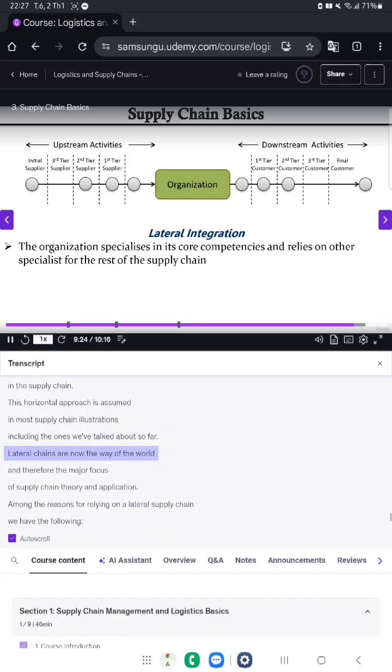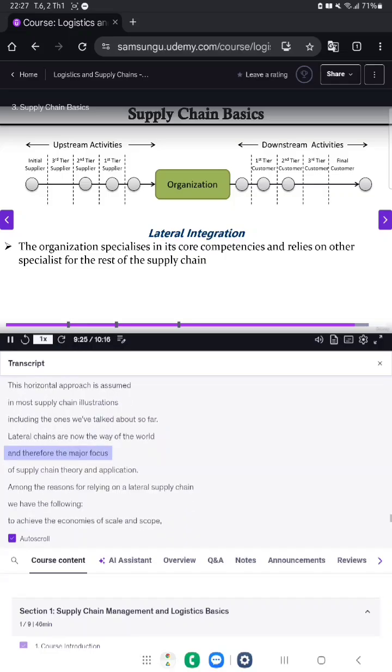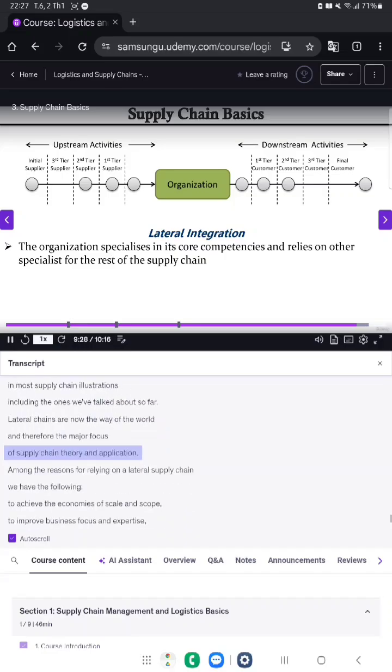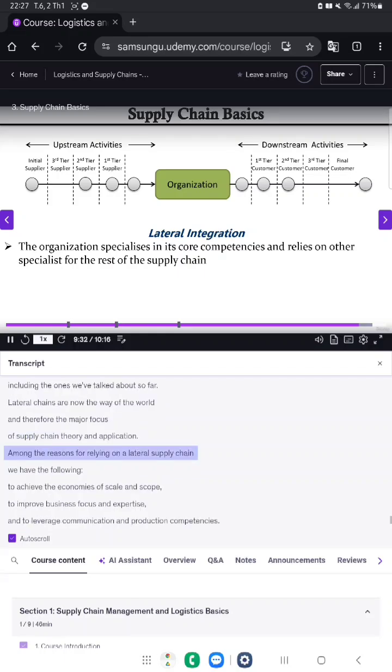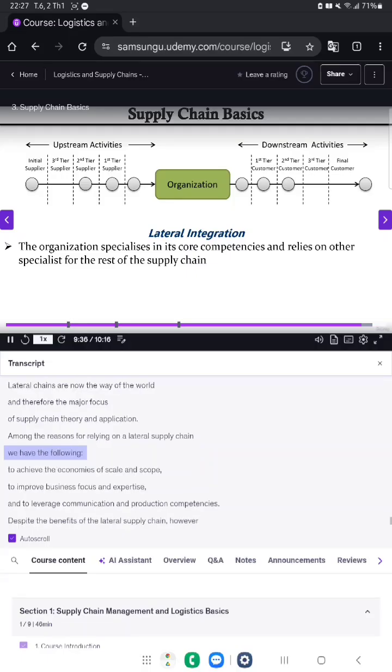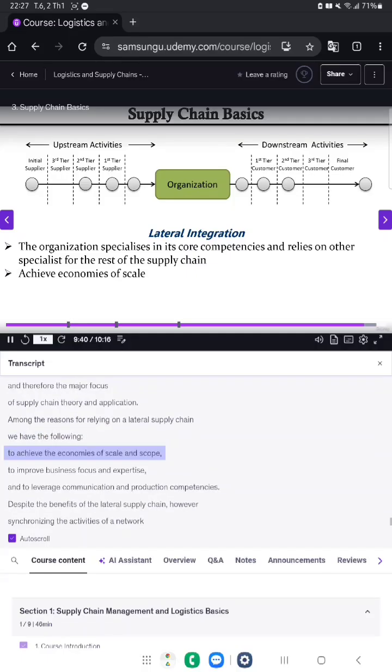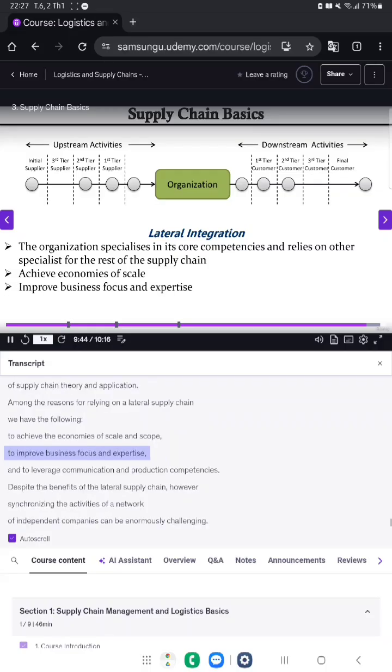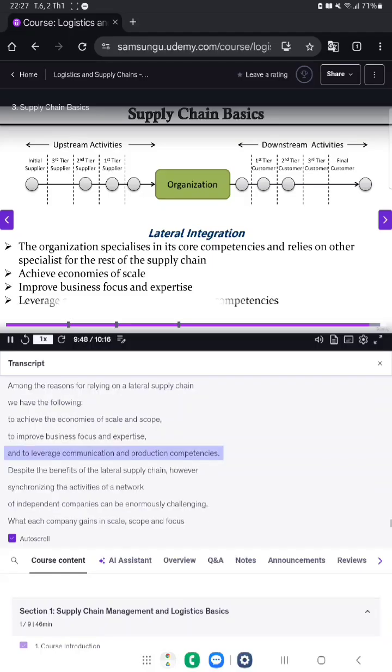Lateral chains are now the way of the world and therefore the major focus of supply chain theory and application. Among the reasons for relying on a lateral supply chain, we have the following: to achieve economies of scale and scope, to improve business focus and expertise, and to leverage communication and production competences.